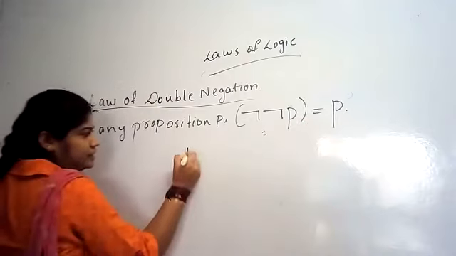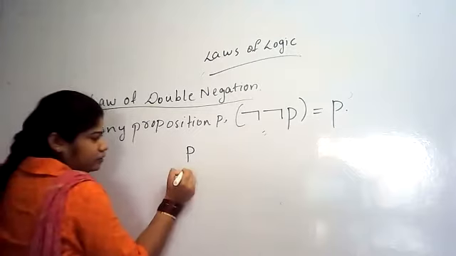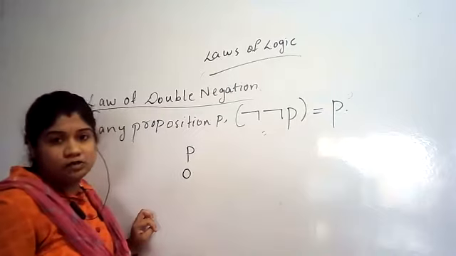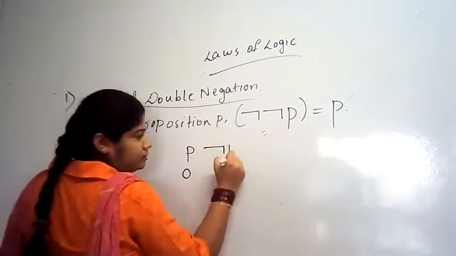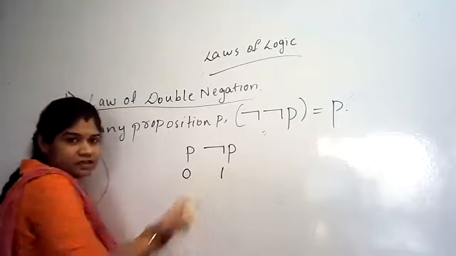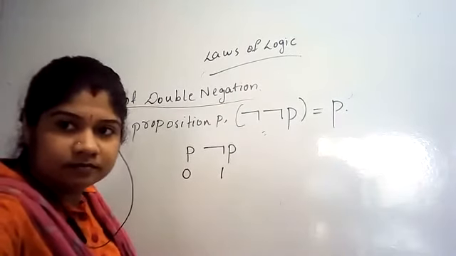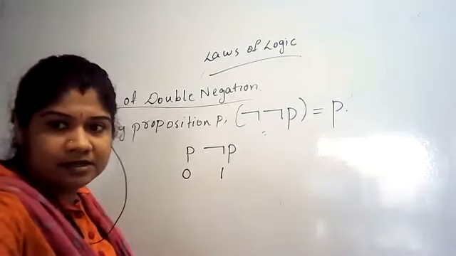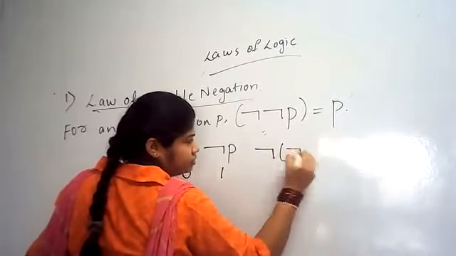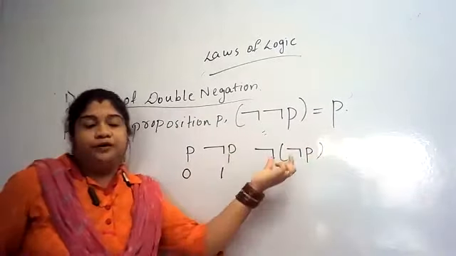For example, consider proposition P, and its truth value is 0. Then what will be negation P? It will definitely be 1, because we need to reverse. Finally, what is negation of negation P? Whatever negation P is, we need to negate.